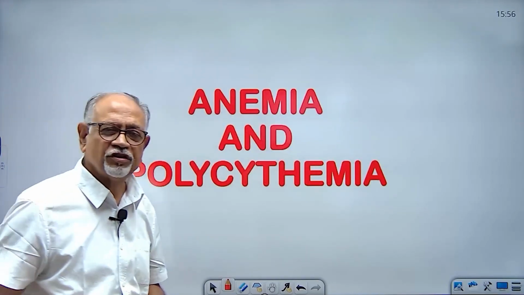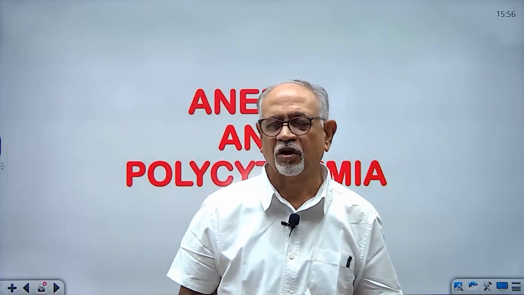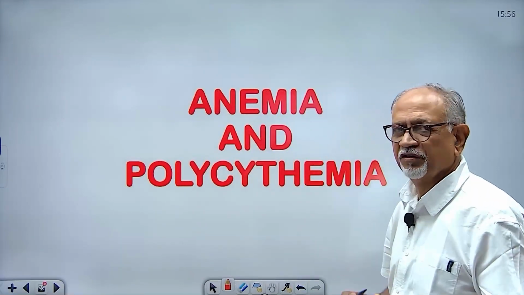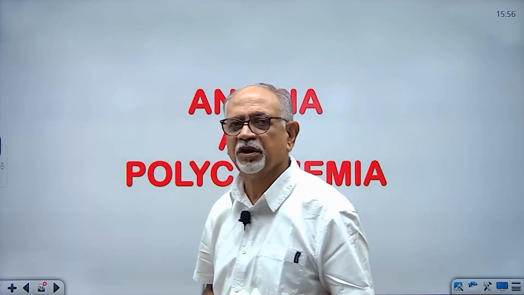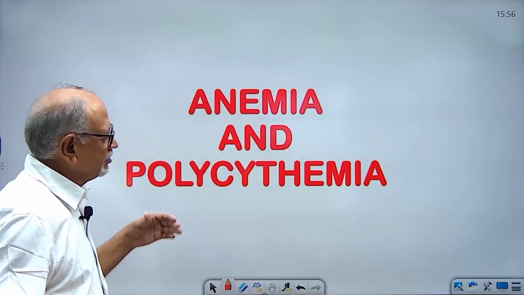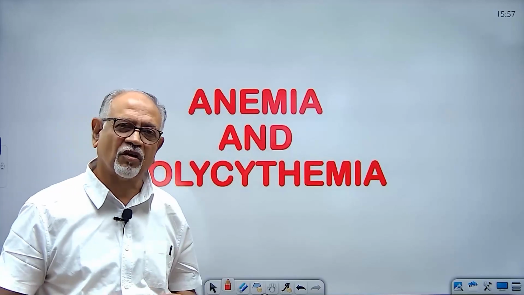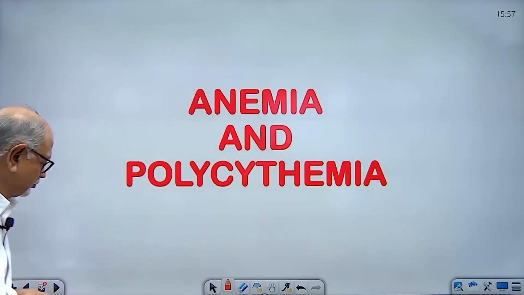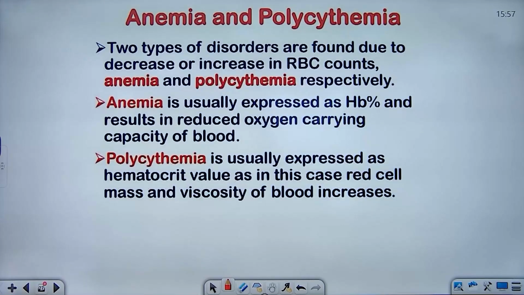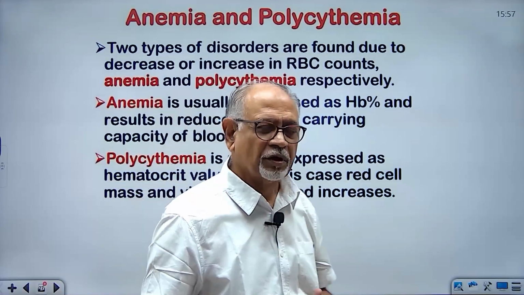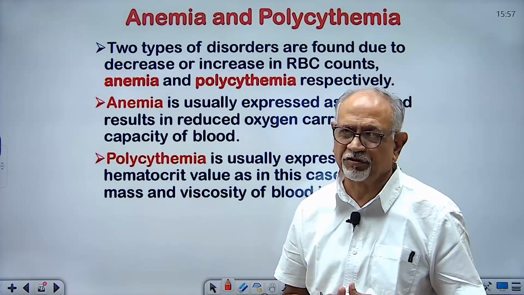Now, coming on to the second part of this lecture, that is anemia, that is deficiency of blood, and polycythemia, that is increase in the number of RBC, increase in the RBC count. Now, these are the two types of abnormalities in hemoglobin concentration.